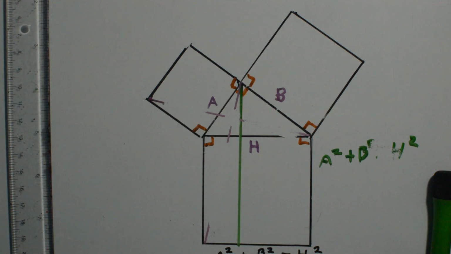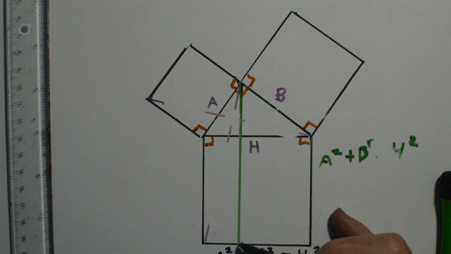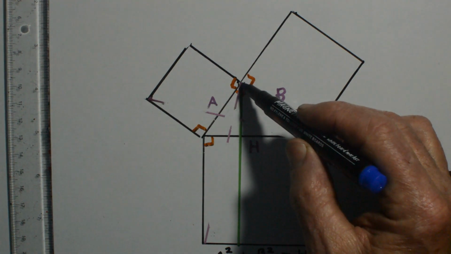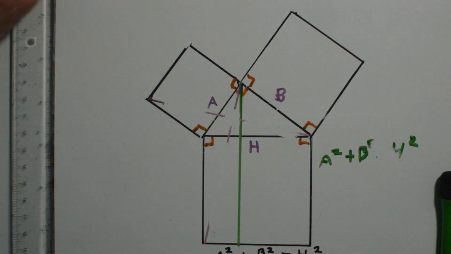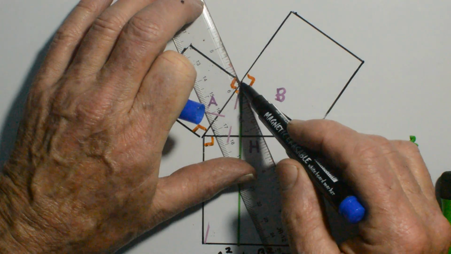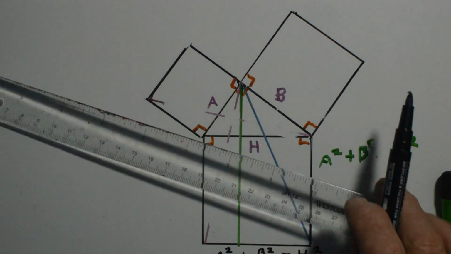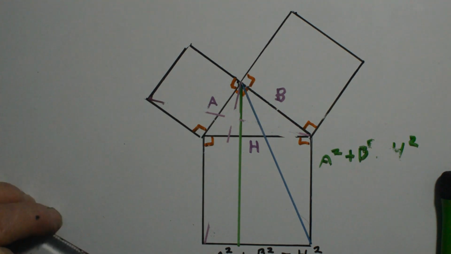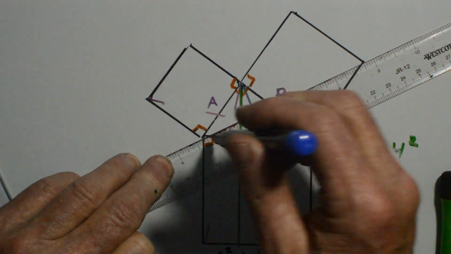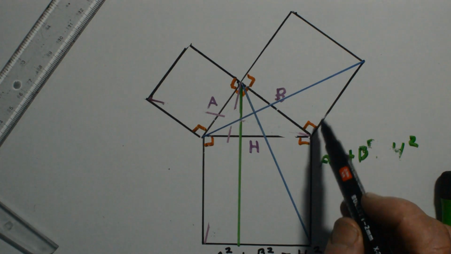Okay. The other rectangle, of course, is this one right here, and we can draw from right here to right there, and we can draw from right here to right there, and we get the same thing.